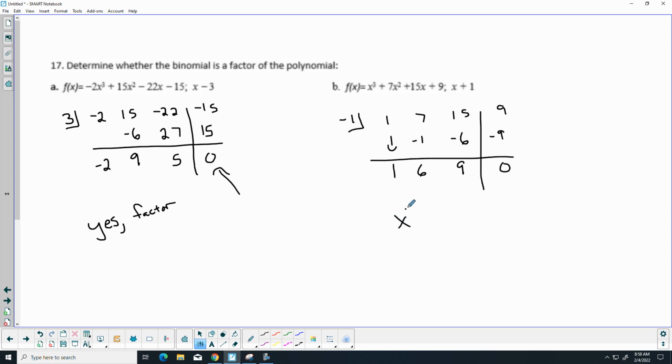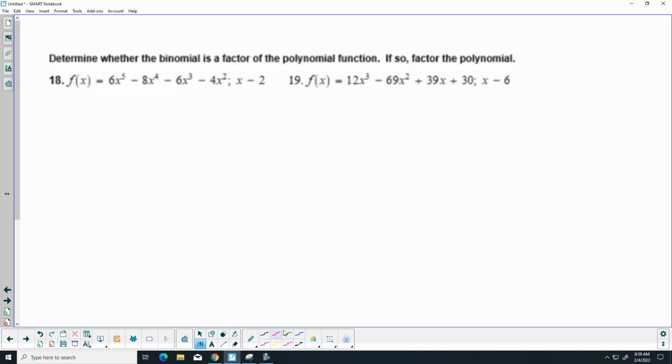And I'm going to be left with x squared plus 6x plus 9. And yes, x plus 1 is a factor. Sometimes they might ask you to factor further, and if they did, you would just take what's left over and factor it. Now this one did not ask you to do that. I'm just saying you might see it sometimes.